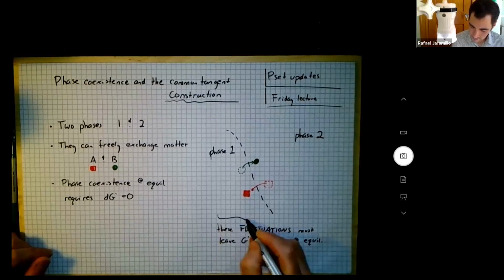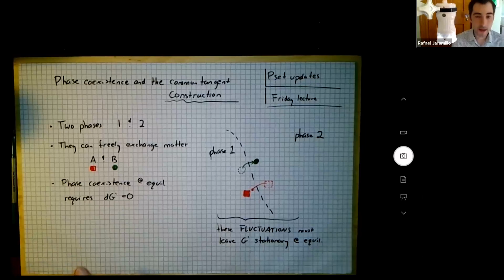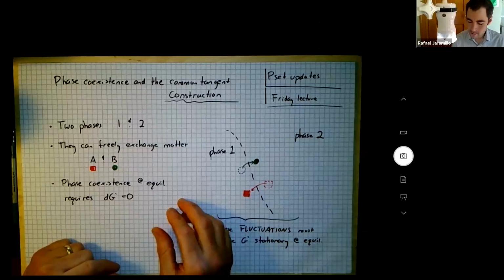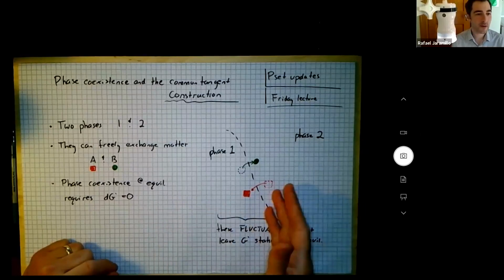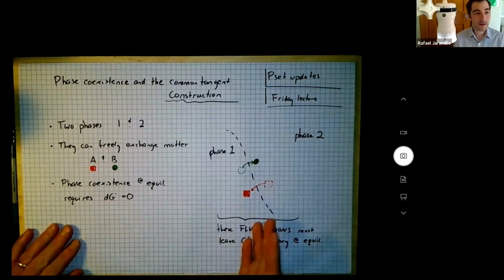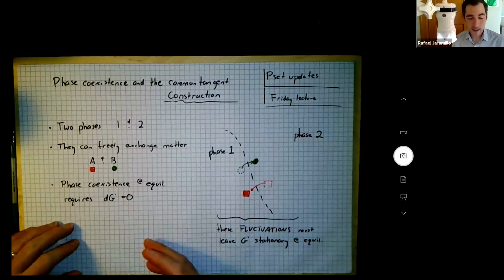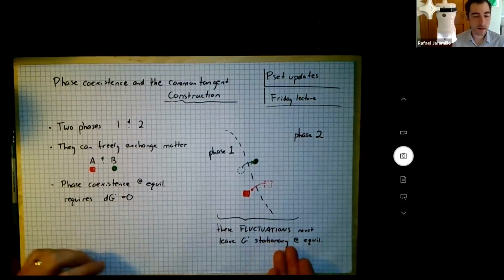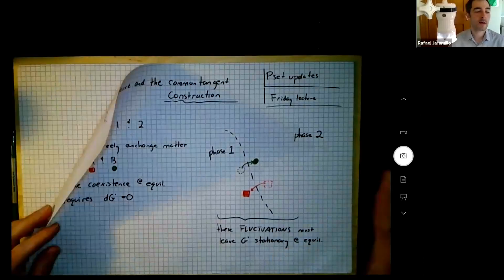So this is now zooming in at the molecular level. If you have a glass of ice water, there's a boundary between the ice and the liquid water, and water molecules will be jumping back and forth between the two phases at that boundary, on a molecular length scale and time scale. So what does it mean for that process to leave G stationary? That would be our equilibrium condition.